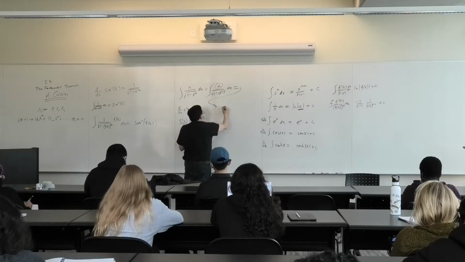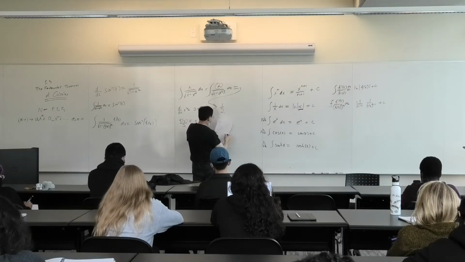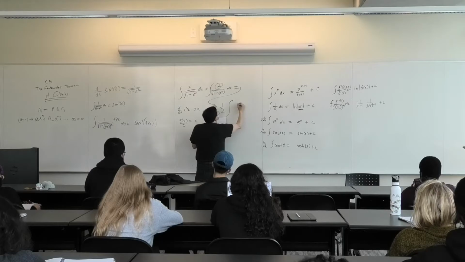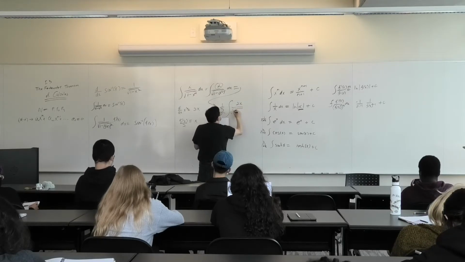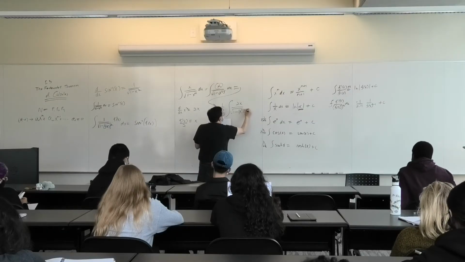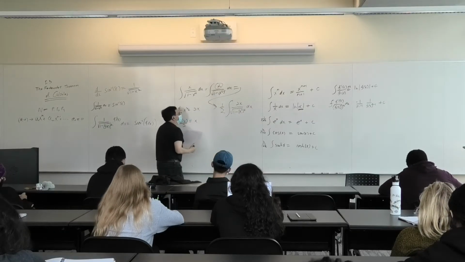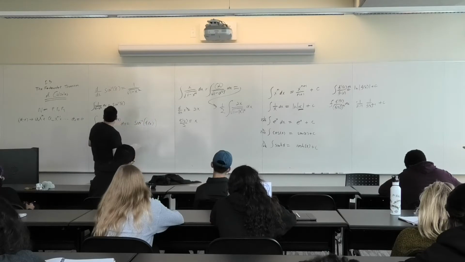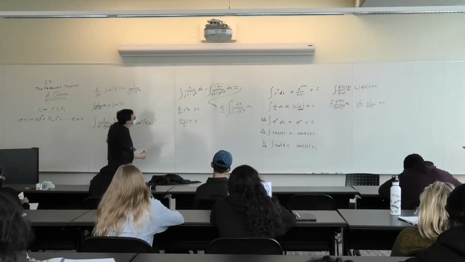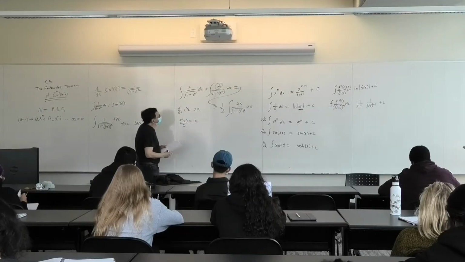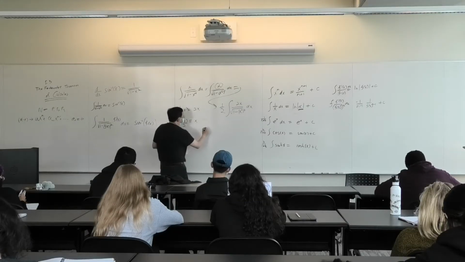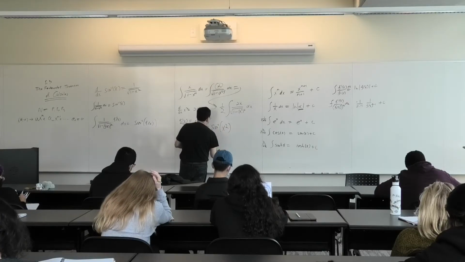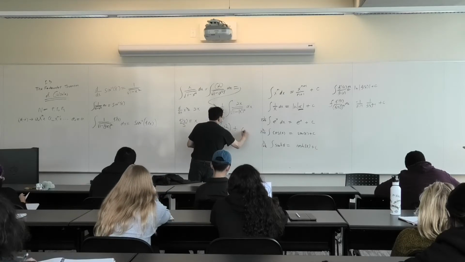So I rewrite this with a 1/2 out front: 2x over the square root of 1 minus x squared squared, which is exactly the pattern I'm looking for, where f of x is x squared. So I can just write down the answer: inverse sine of x squared plus c.